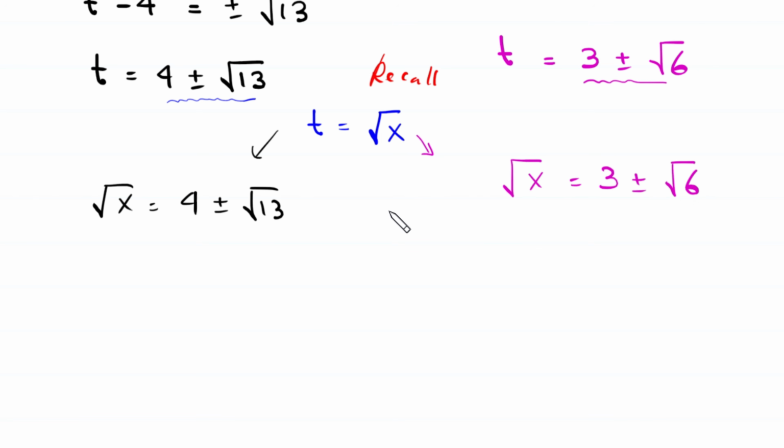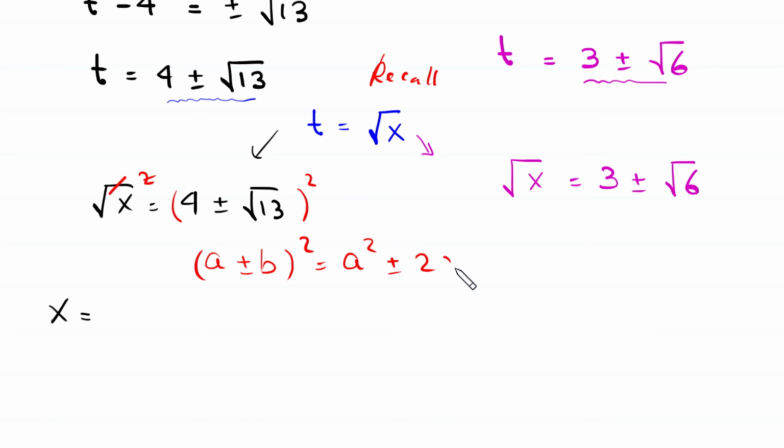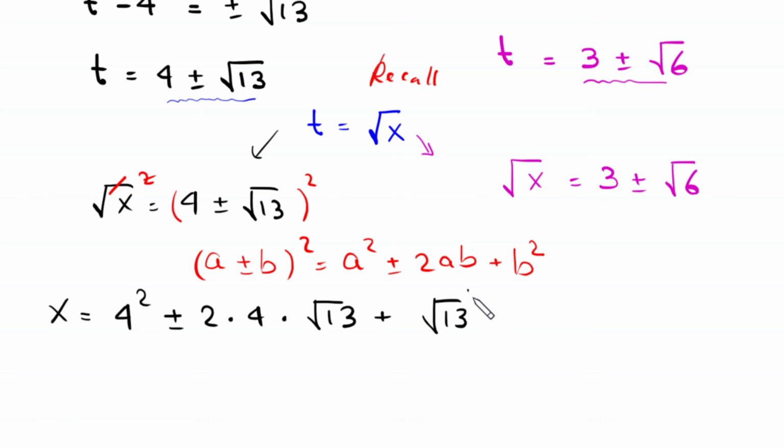First we take square of both sides of this equation. So this square will be cancelled out with the square root and we are left with x is equal to, by using this algebraic identity, a plus minus b whole squared equal to a squared plus minus 2ab plus b squared. This 4 plus minus root 13 whole squared will become 4 squared plus minus 2 times 4 times root 13 plus root 13 squared.